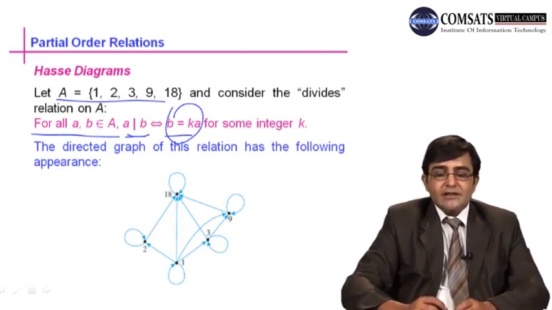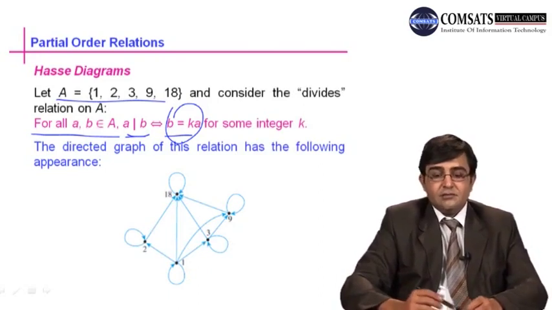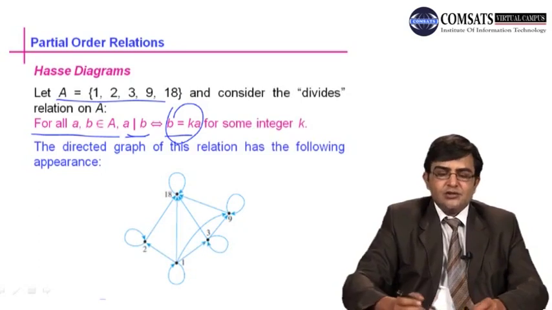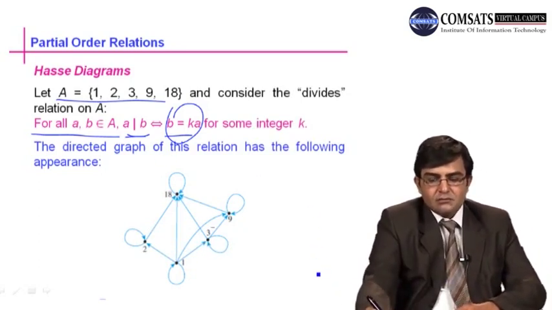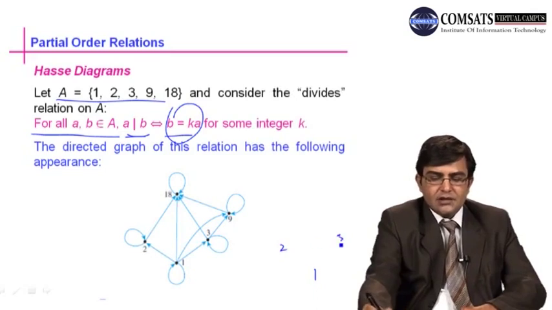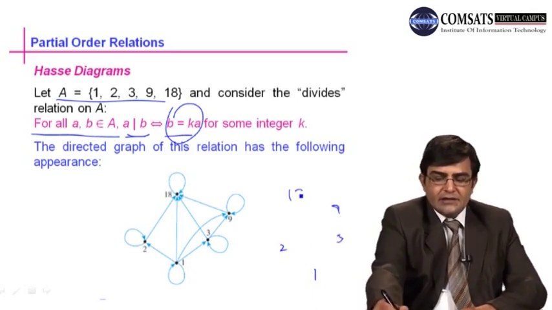Now we have to write the directed graph of this relation. Usually we write the elements of A, beginning by writing the smallest element below, then 2, 3, 9 and 18.